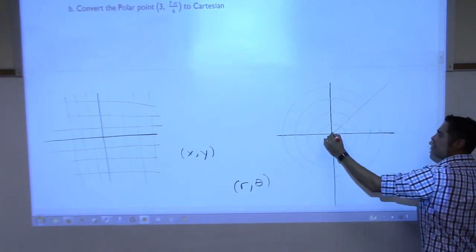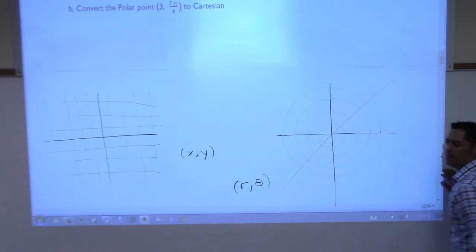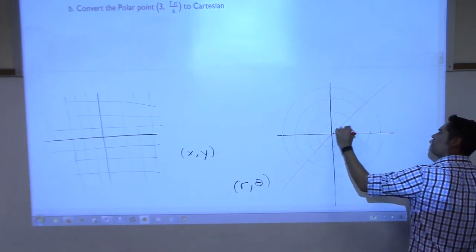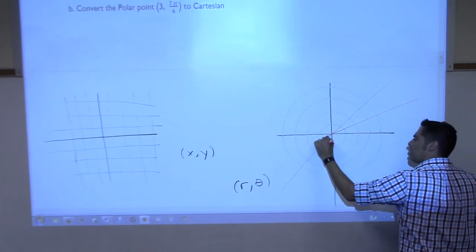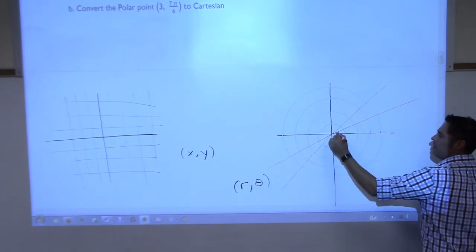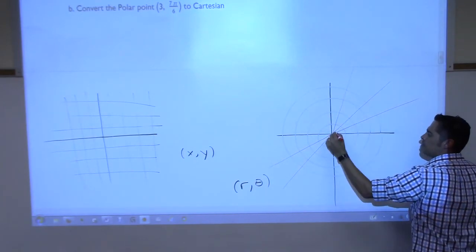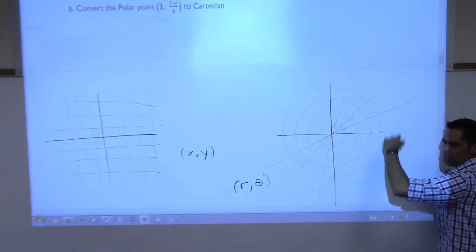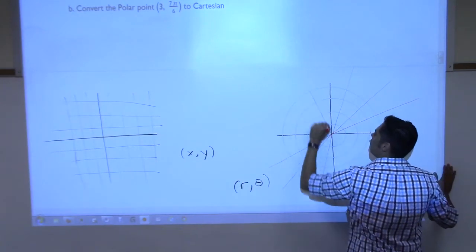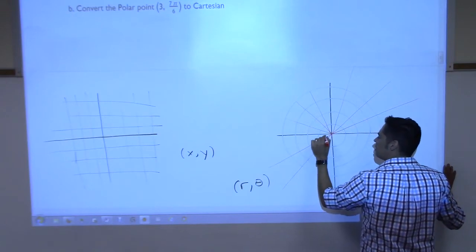Wouldn't that be any point that lies on that line would have a theta of pi over 4? How about pi over 6? Would be any point that lies on that line. And then pi over 3, 60 degrees. And they do this for each of these quadrants. So like this.